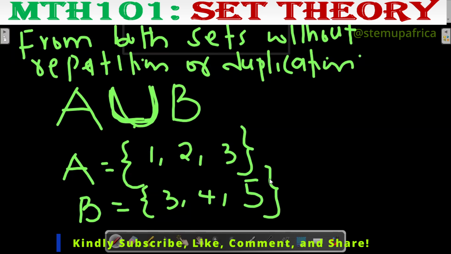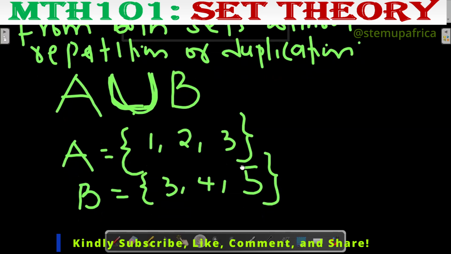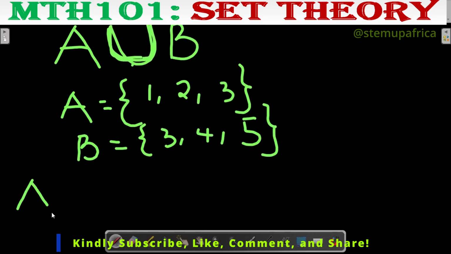They are now asking us to find A union B. Remember, union means you combine the elements, but you don't repeat any. So let's combine them. You start from the least number, the smallest number, which is 1.